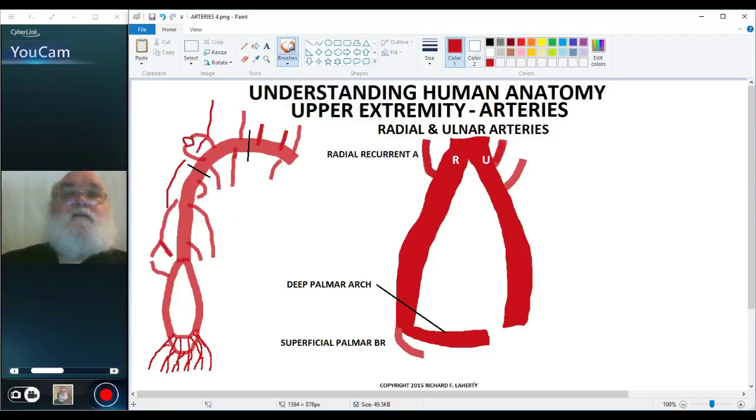Let me draw those two arteries in over here on the other diagram. We have the anterior ulnar recurrent. The other one is the posterior ulnar recurrent.